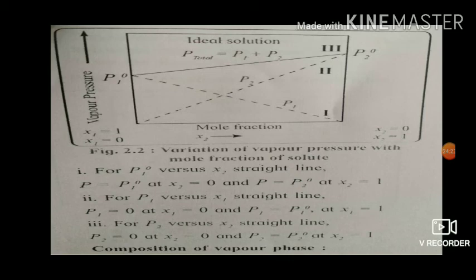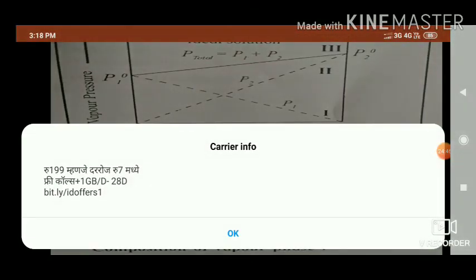These graphs are decreasing for the first volatile component and also for the second volatile component. Thus, the starting vapor pressure is denoted by P1 naught and it goes on decreasing.